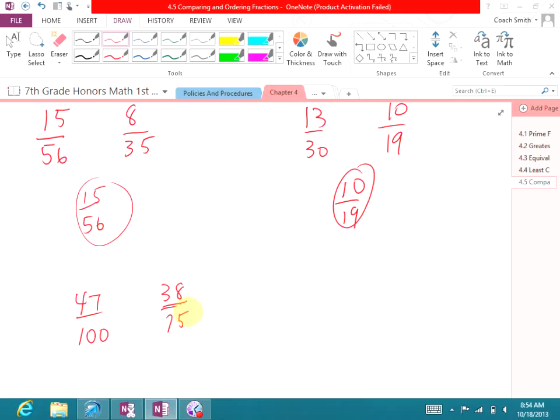Don't just yell out answers. Actually do it. It's 37 and a half. 37.5 is half of 75. So, if half of 75 is 37.5, this is more than a half, because it's 38. So this is more than a half, and this is less than a half. Therefore, 38 over 75 is my larger fraction.